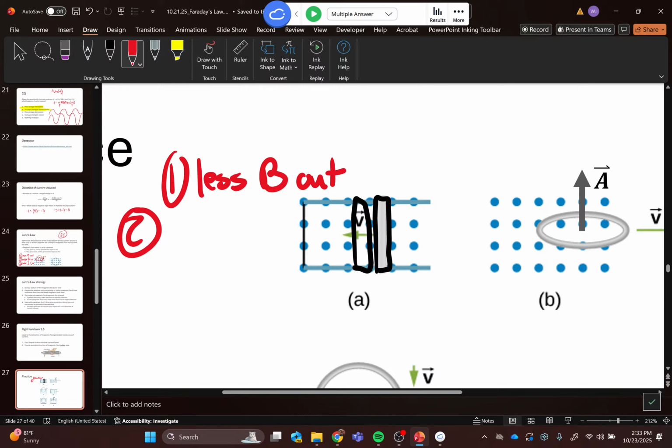If I'm losing field lines out, I want to keep it the same, so I'm going to make field lines out to counteract the loss. So I'm going to make more B out. Which way is the current going to flow to make that happen?